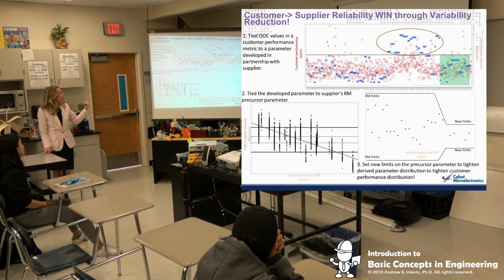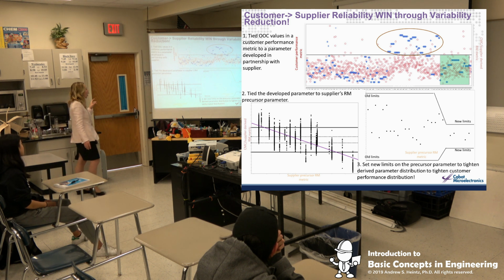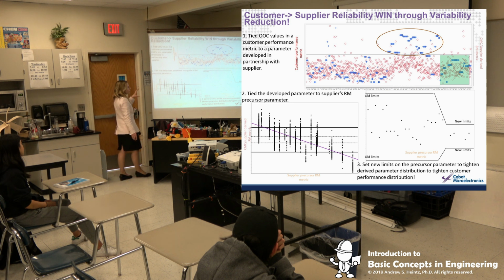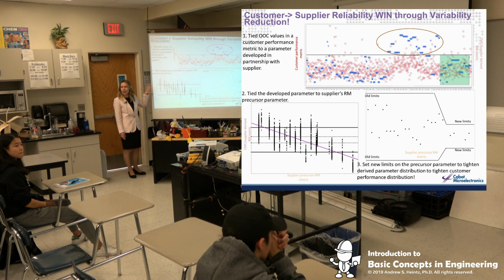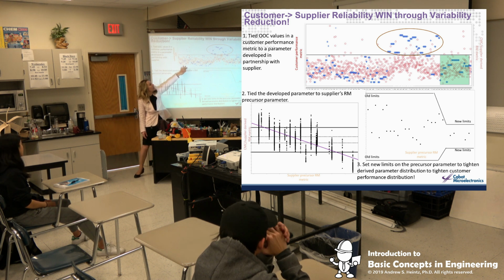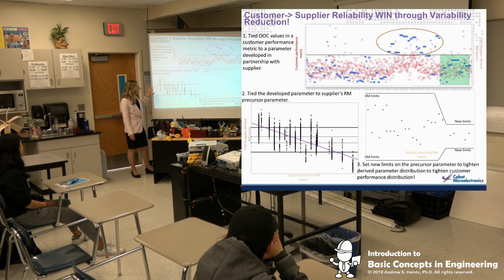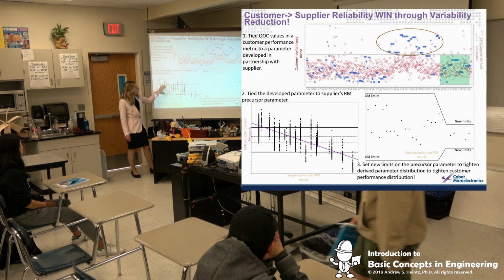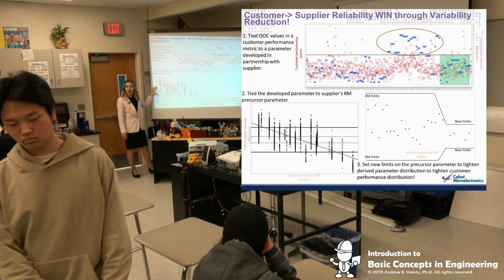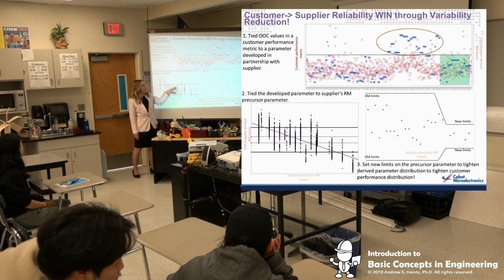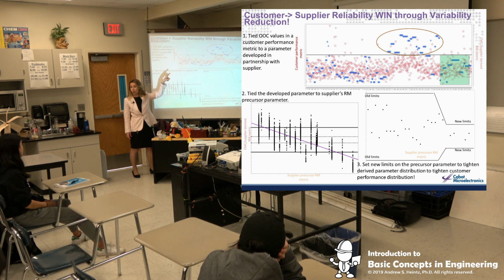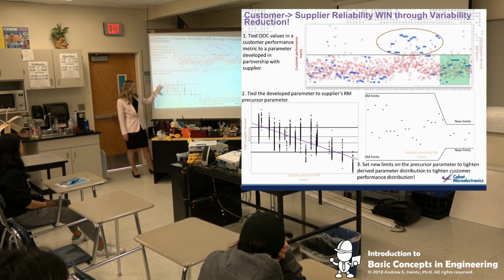So we went to our supplier and we looked at all of their material that they had shipped to us, and we had noticed that the good times, so when the customer performance was down in this area, the supplier's material was in this part. And we noticed that when the customer's performance was in the red circle, the supplier's material was above this line.